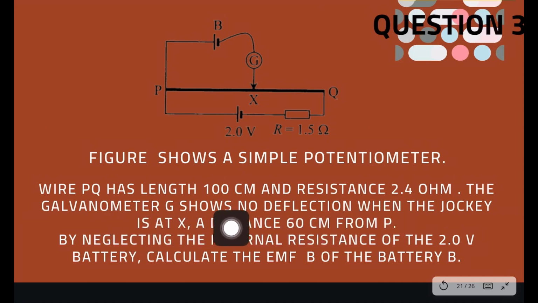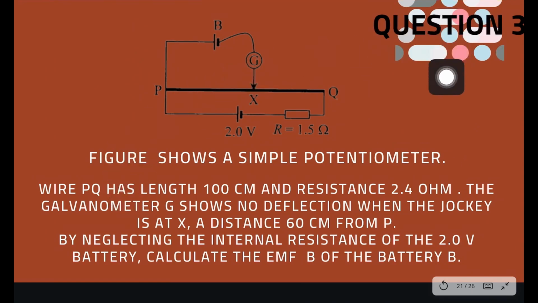The galvanometer G shows no deflection when the jockey is at X. So here at point X, when we put the jockey here, the reading for the galvanometer is equal to 0, where the distance is 60 cm from P. By neglecting the internal resistance of the 2 volt battery, calculate the EMF EB of the battery B. So we need to find this EB.